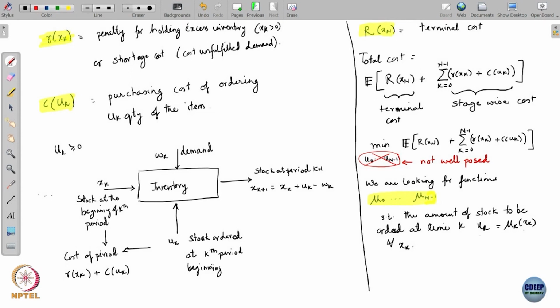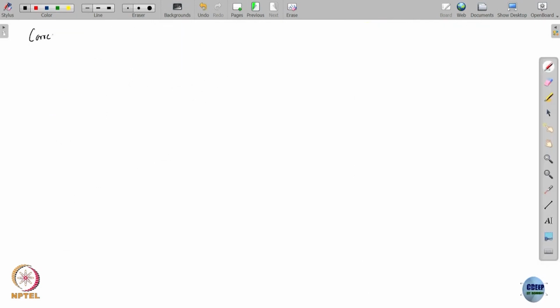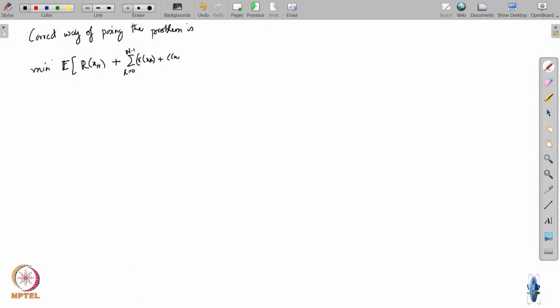So, therefore, the correct way of posing the problem is that you want to minimize the expected cost, which includes the terminal cost plus all these running costs starting from 0 to n minus 1 of r of x k plus c of u k, and you want to minimize this by choosing mu 0 to mu n minus 1, these functions.